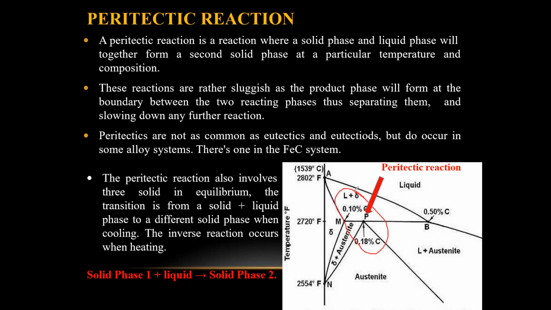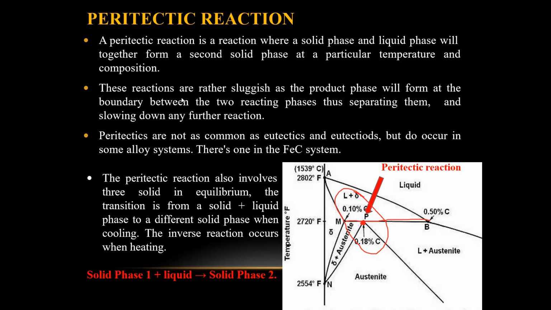This is the point where peritectic reaction takes place, and this is the invariant line. This peritectic reaction takes place at this temperature. Here you can see liquid plus solid. Upon cooling, this liquid plus solid will together form a second solid phase, that is austenite. This is peritectic reaction.